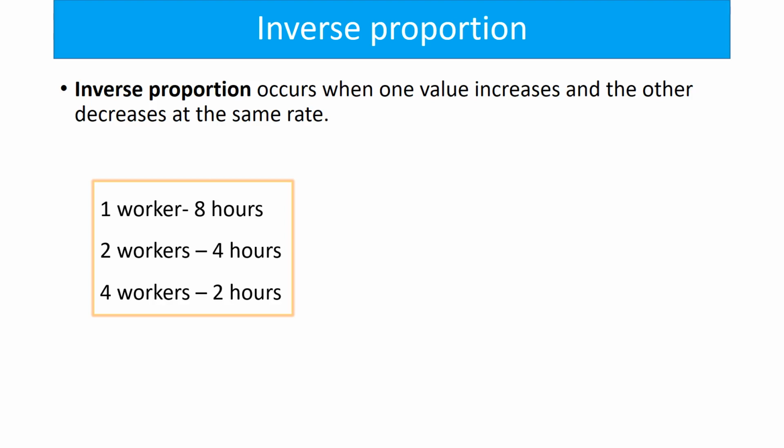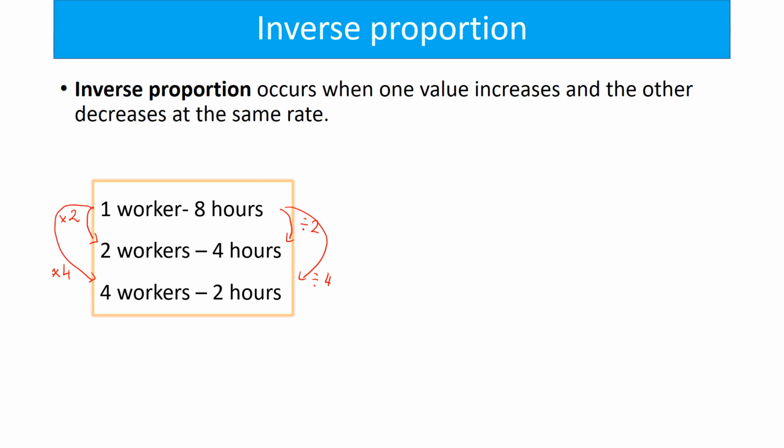So if one value is multiplied by 2, the other value is divided by 2. And when one value is multiplied by 4, the other one is divided by 4. So this is what we mean when we say that when one value increases, the other one decreases at the same rate.